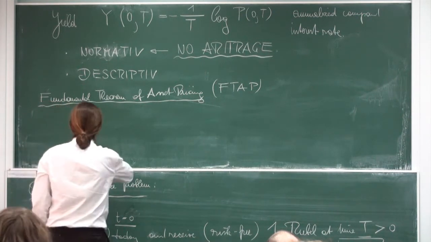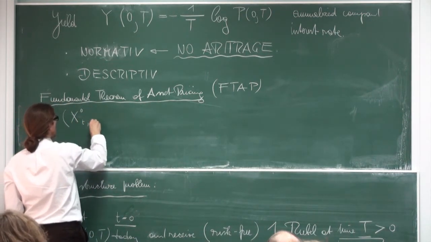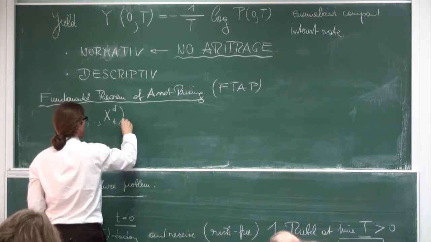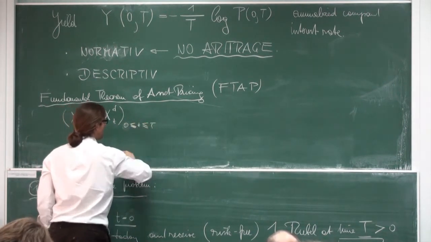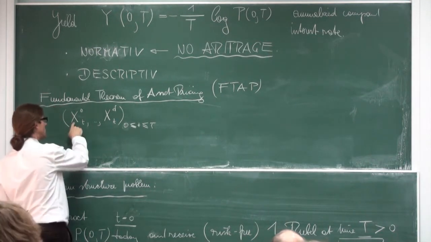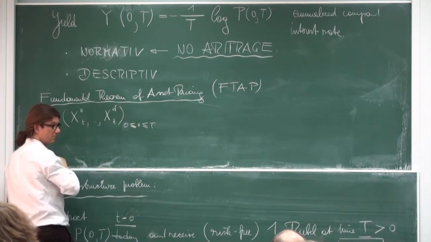I just write it down in easier terms. Let's say you have a finite time horizon market. So these are products traded on the market like our bonds.